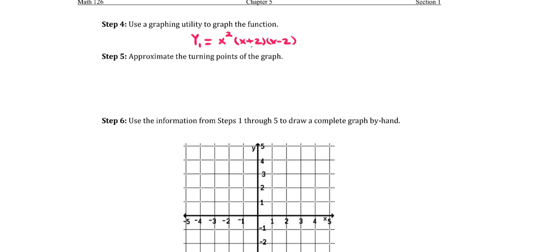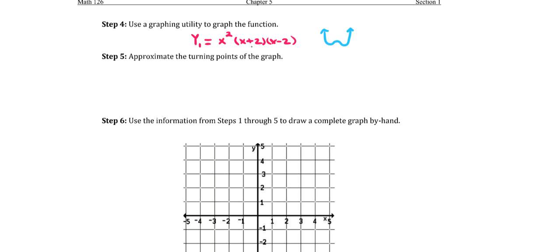What this is going to do is produce a graph that kind of looks like a W. And because it looks like a W, you can clearly see that there are going to be 3 turning points. I won't include the graphing calculator work here, but I'll leave that up to you.